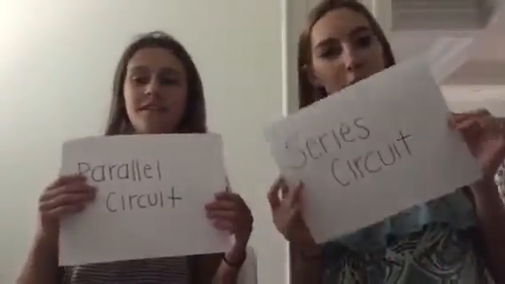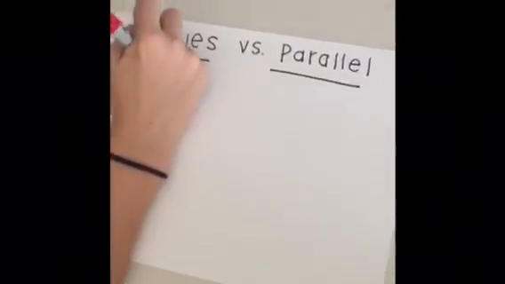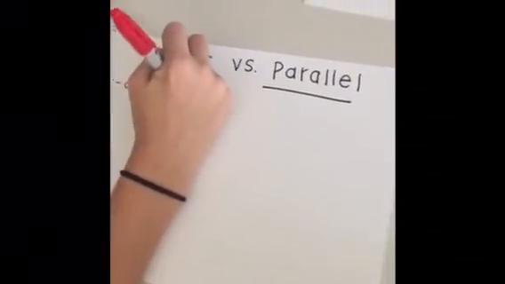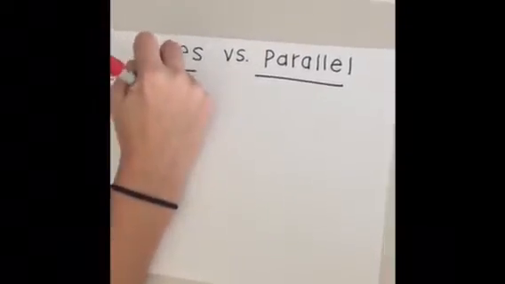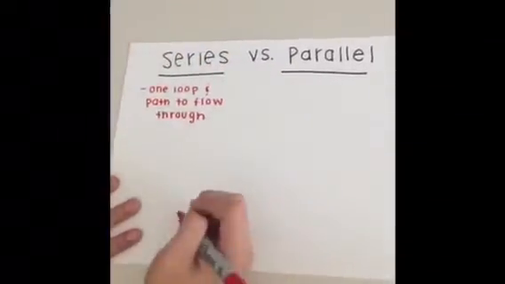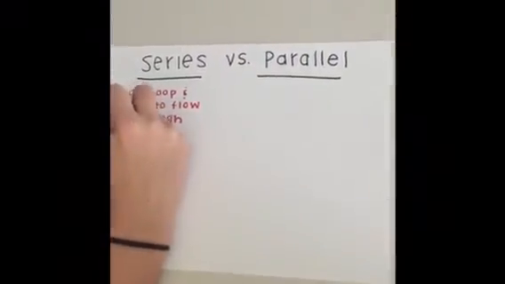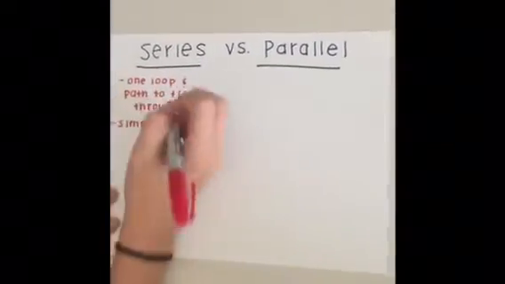I'm a series circuit. And I'm a parallel circuit. In a series circuit, there's only one loop and path to flow through. Meaning that this is a relatively simple circuit.